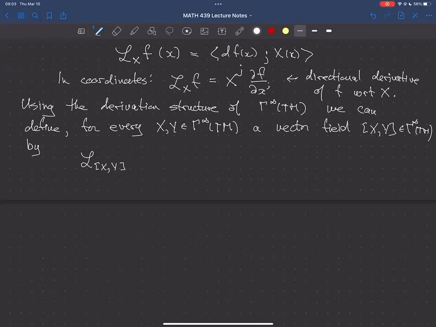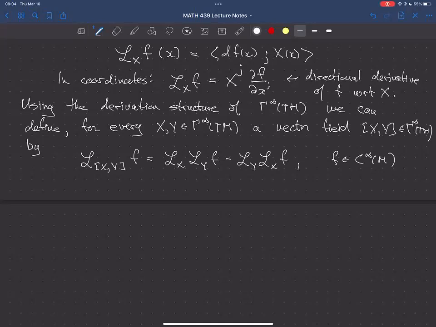So I need to tell you what that is applied to a function f, and the way it works is this. And you require, of course, this to be true for every smooth function f.